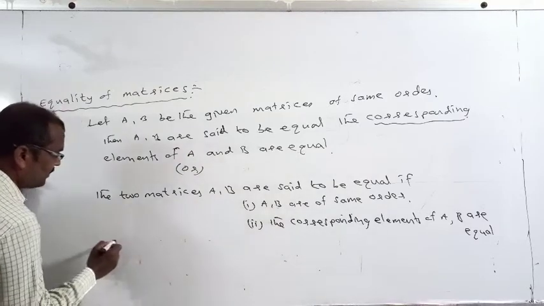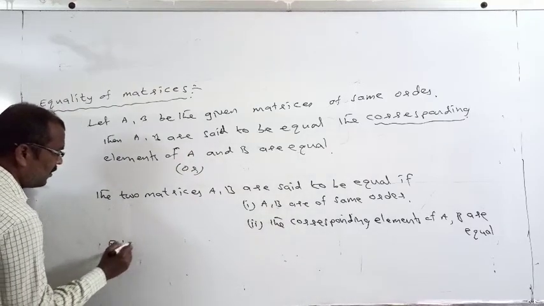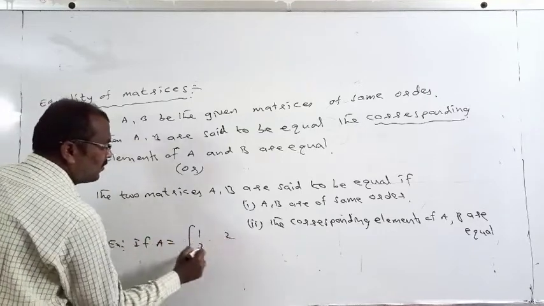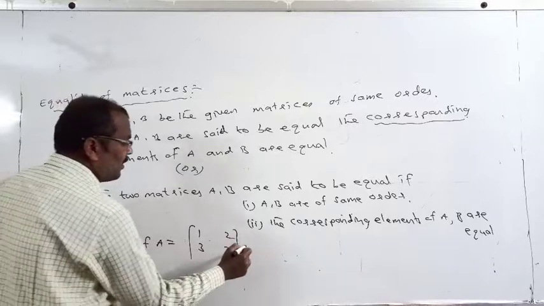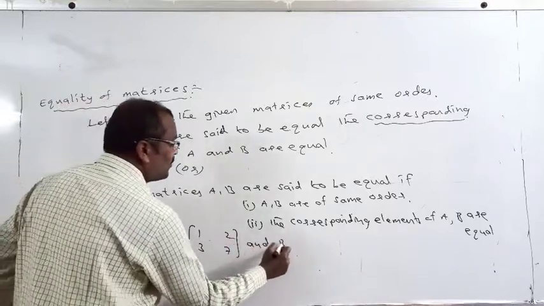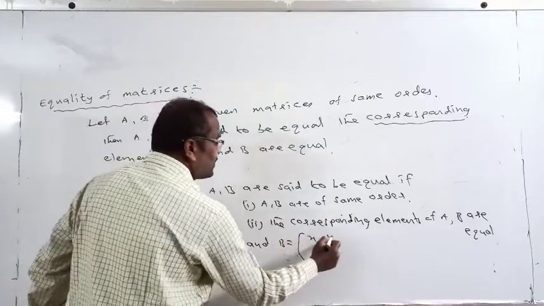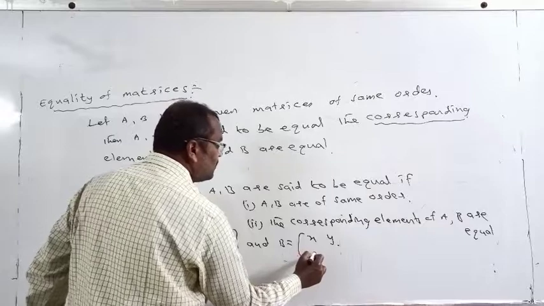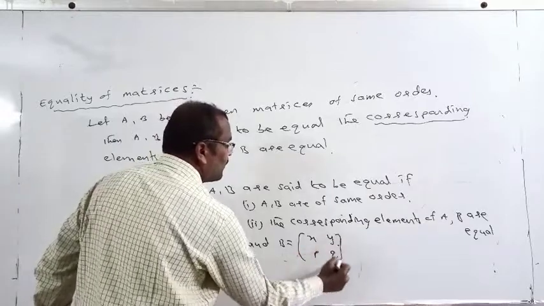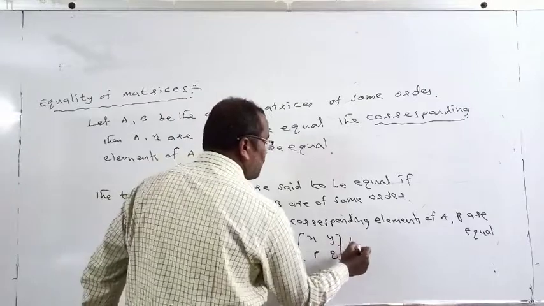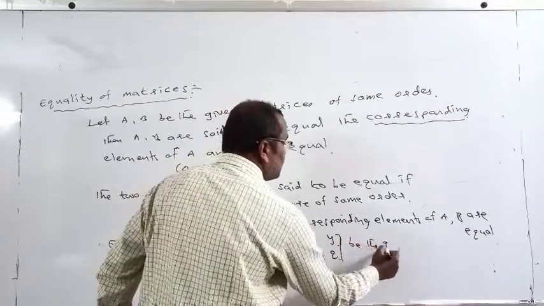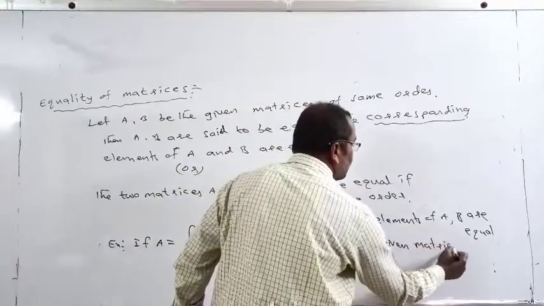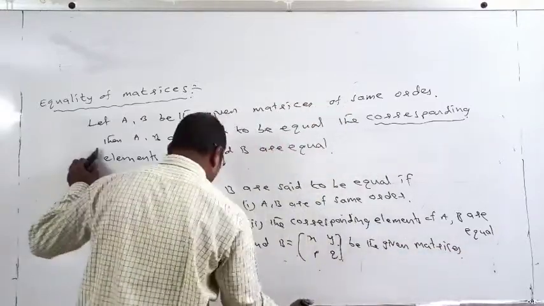So see this one. Example. If A is equal to 1, 2, 3, 7 and B is equal to X, Y, P, Q. We have two given matrices. A equal to B implies what?